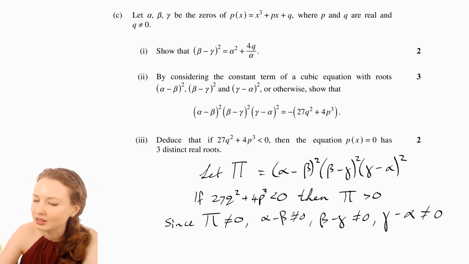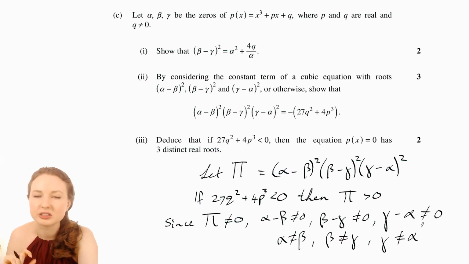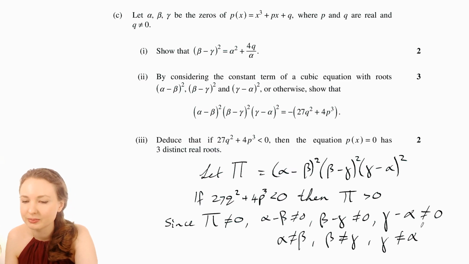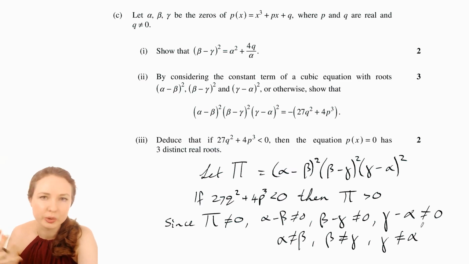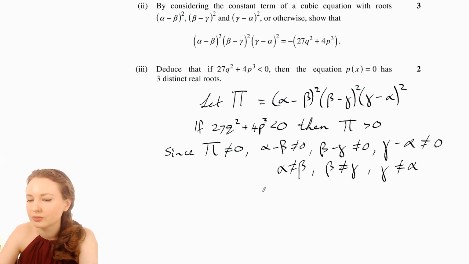So let's just rearrange these. Alpha is not equal to beta, beta not equal to gamma, and gamma not equal to alpha. Or you could just write it out as a sentence. You can say something like, if any of the roots are equal to each other, then pi will be 0, and we know that that's not true, so therefore the roots are distinct.